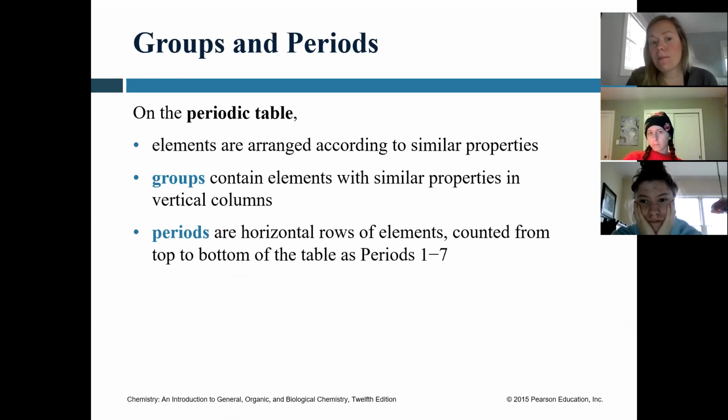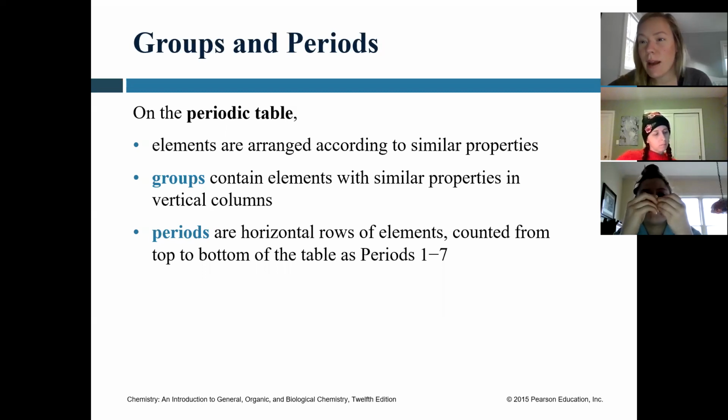So again, on the periodic chart, we have groups and we have periods. Groups contain elements with similar properties, and these are the vertical columns. So go to where hydrogen, lithium, sodium, potassium are, that we would classify as group 1.